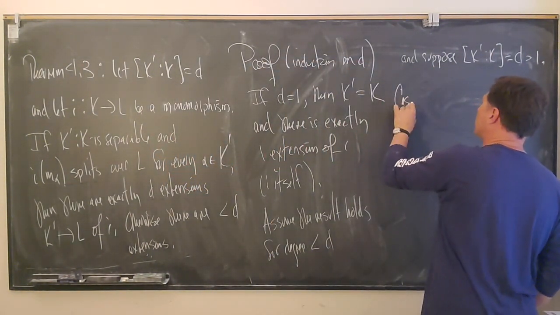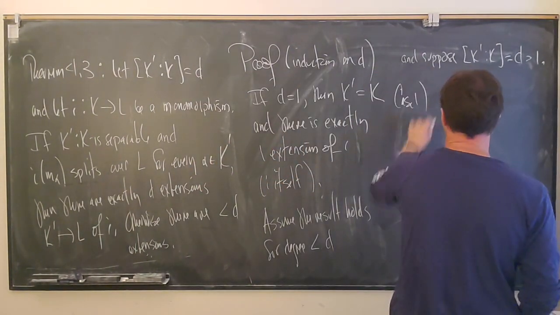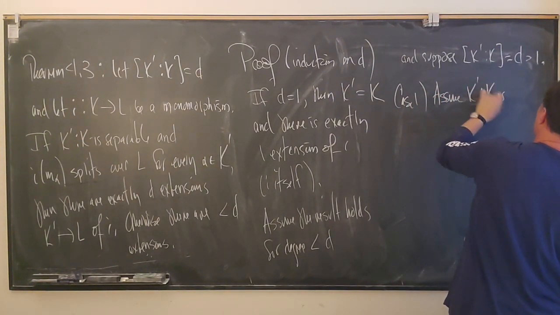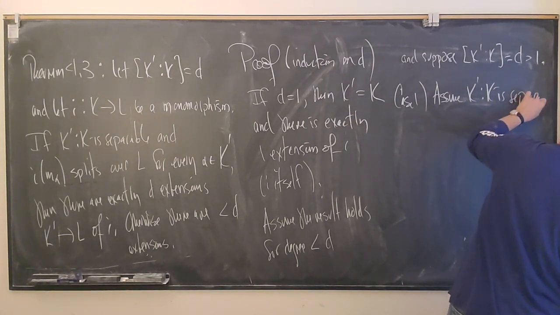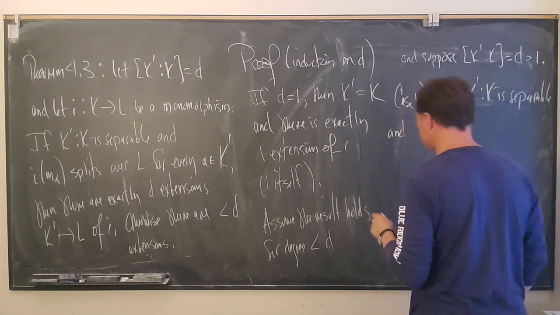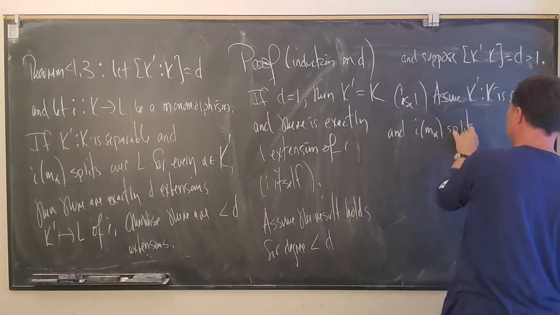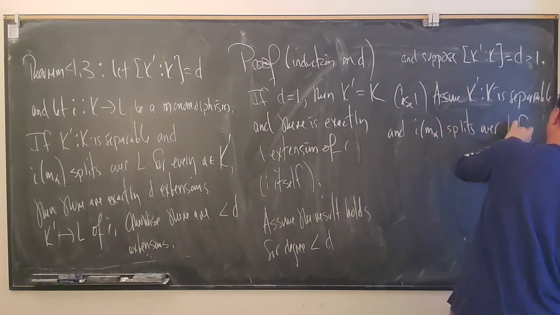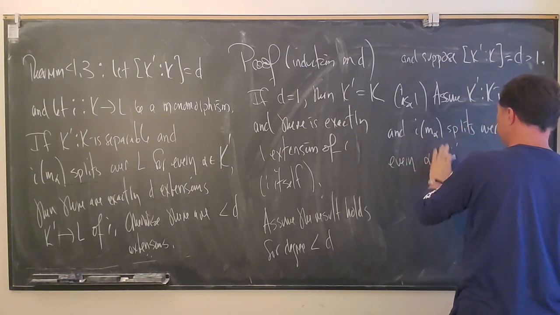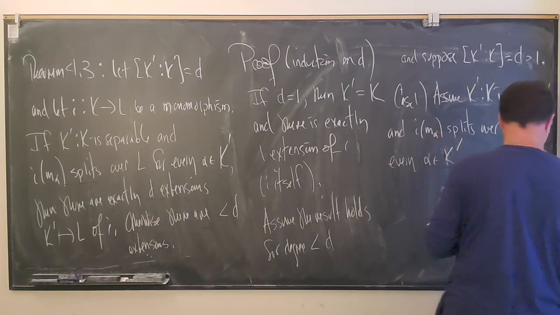So case 1, right, so let's assume that k prime over k is separable, and that I of the minimal polynomial splits, I m alpha splits over L for every alpha in k prime.